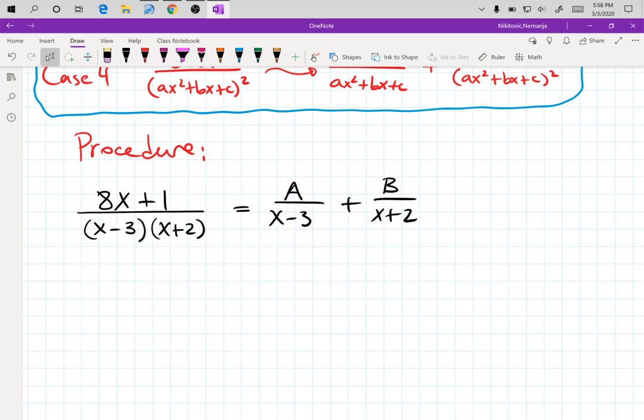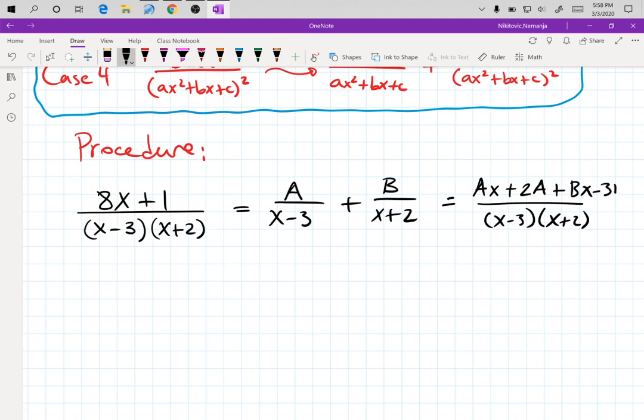All right. Let's go and deal with this. The only thing I can do is to multiply everything on the right, and I will get x minus 3, x plus 2 as the common denominator, and when I cross multiply, I get Ax plus 2A plus Bx minus 3B.